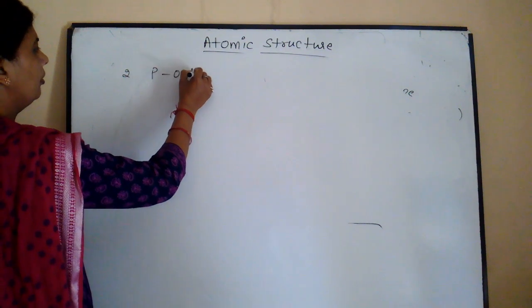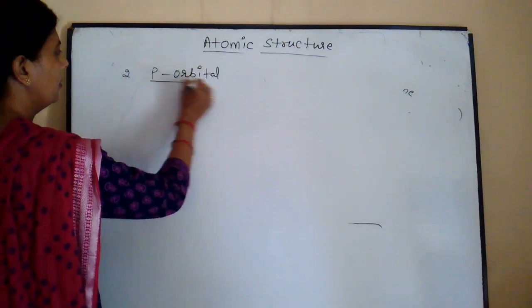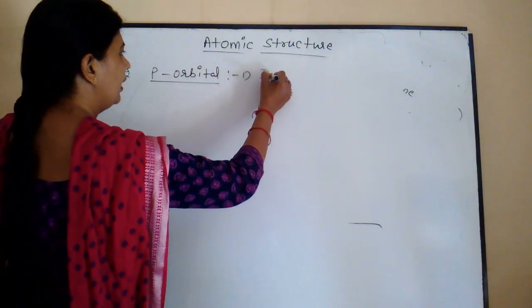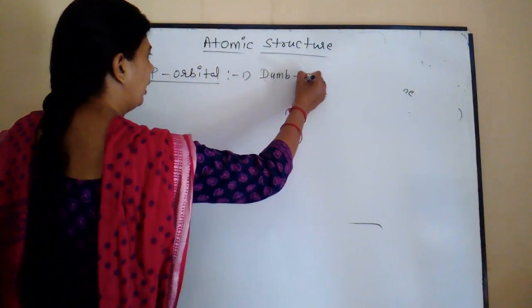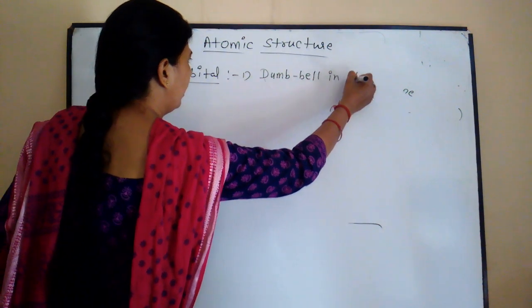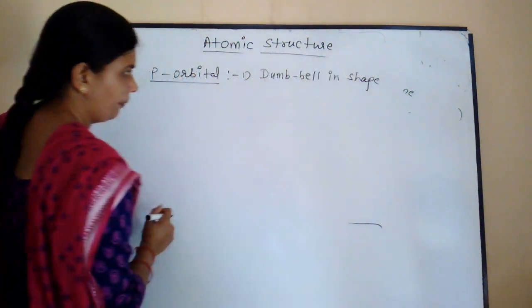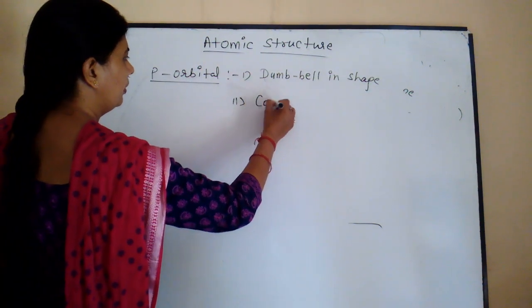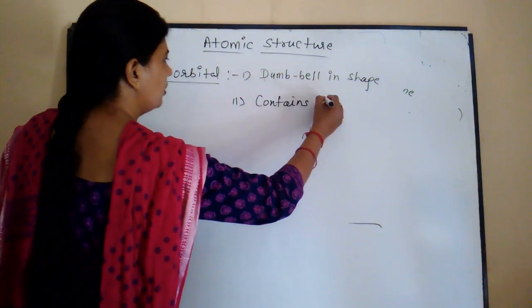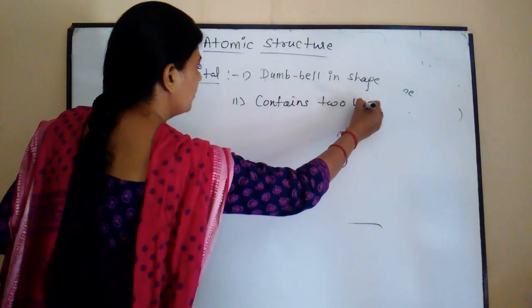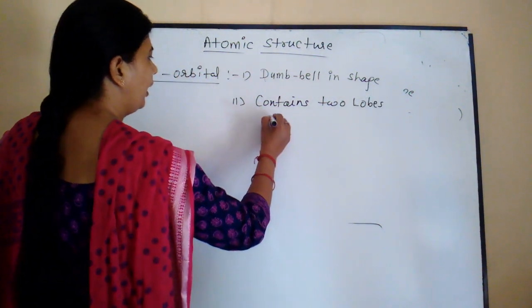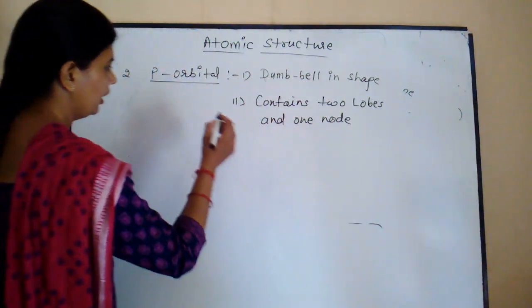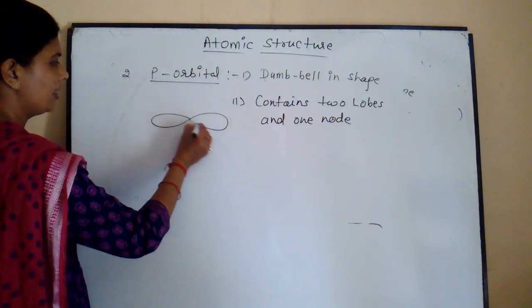Second will be p orbitals. P orbitals are dumbbell in shape, which contains 2 lobes and 1 node.